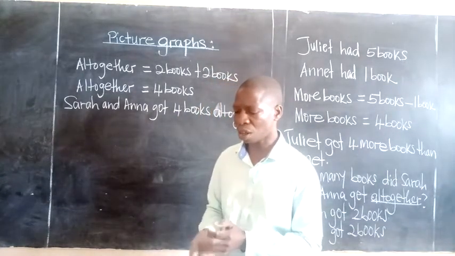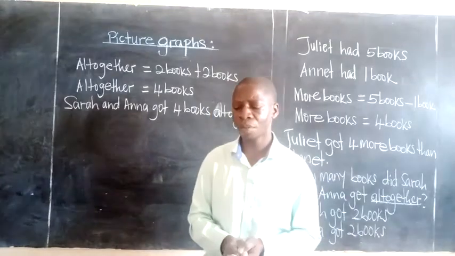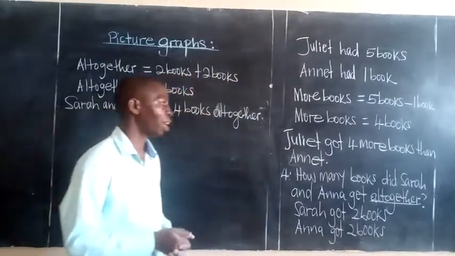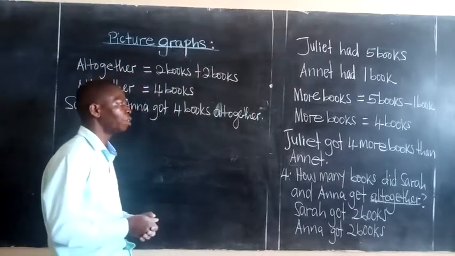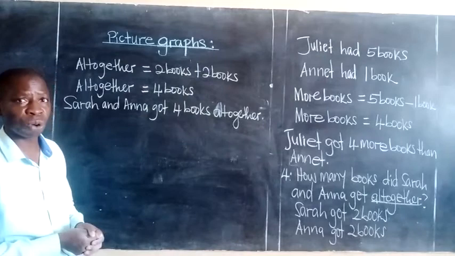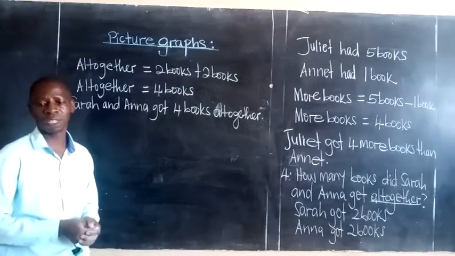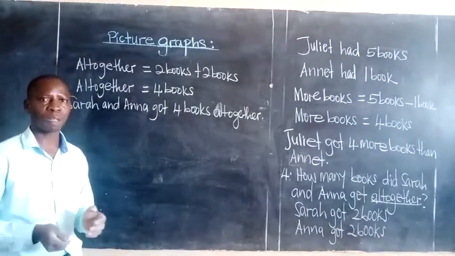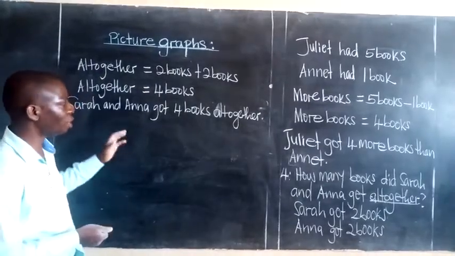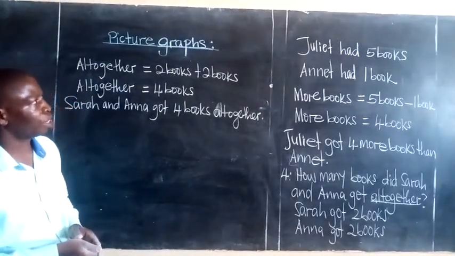For instance, our graph here was representing the books which were given to the 5 girls by the headmistress. Should you fail to interpret the title, you are going to fail each and everything.